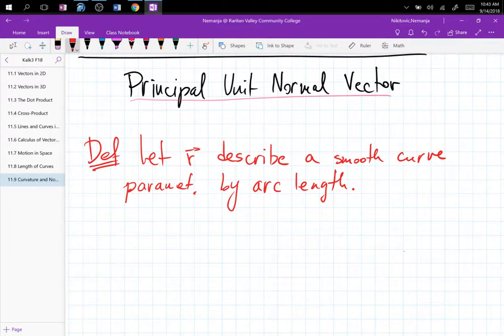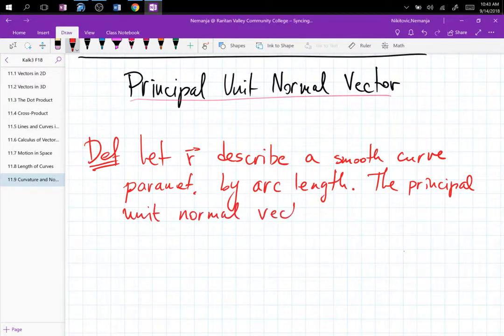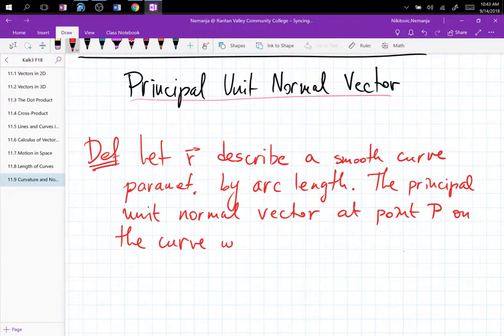The principal unit normal vector at point P on the curve with curvature different than 0. This excludes straight lines, right?